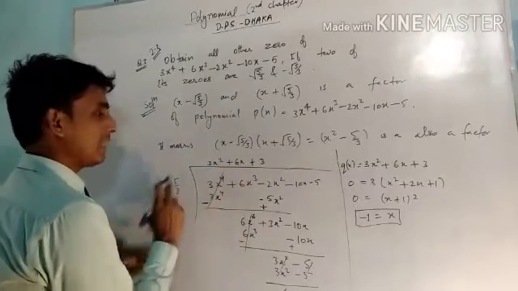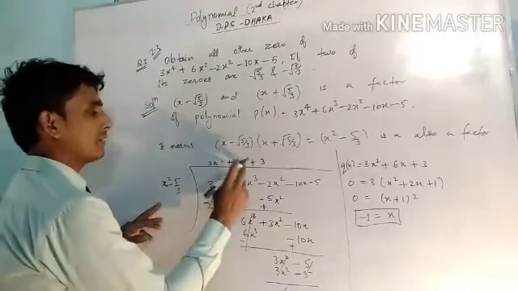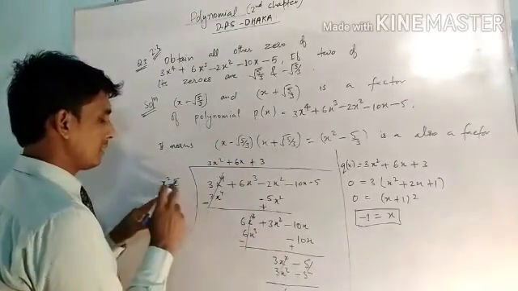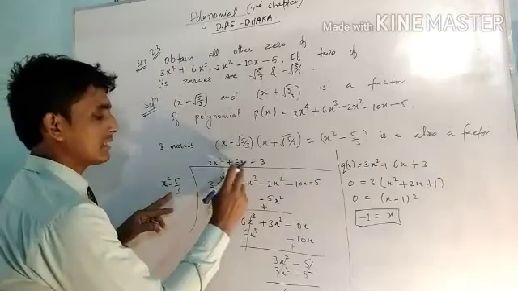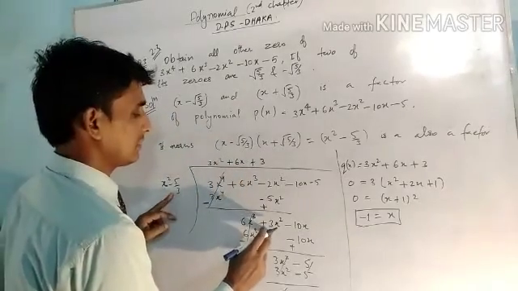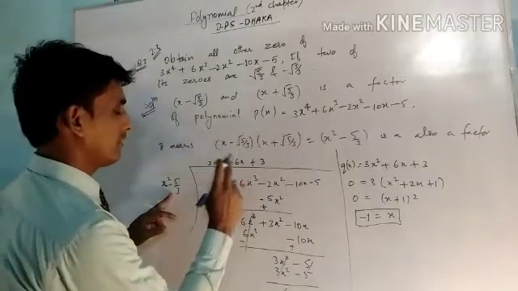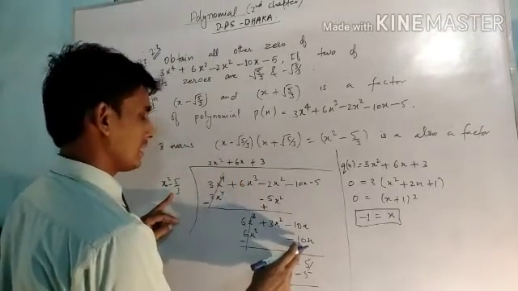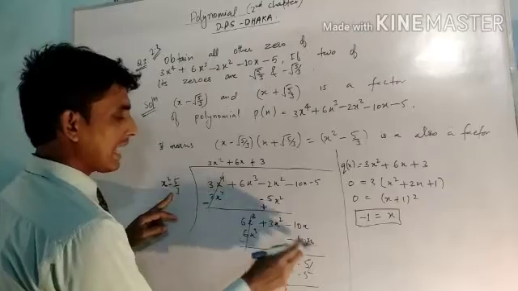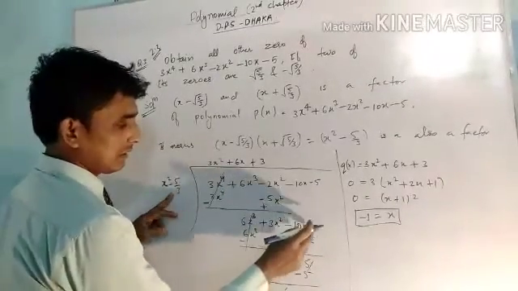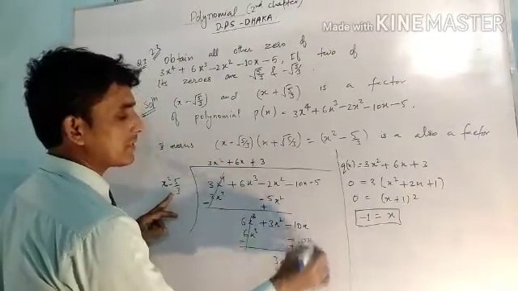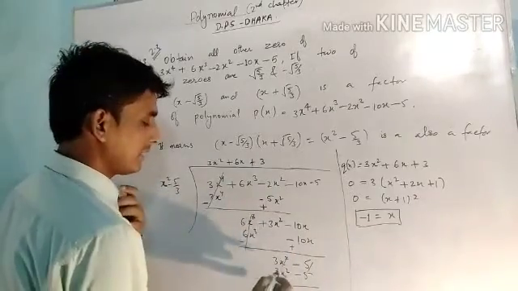So if you multiply x square with 6x, you will get 6x cube. If you multiply minus 5 by 3 with 6x, you will get minus 10x. Okay, so we will write 10x here, not here, because the power of x is matching here. So we have written it.